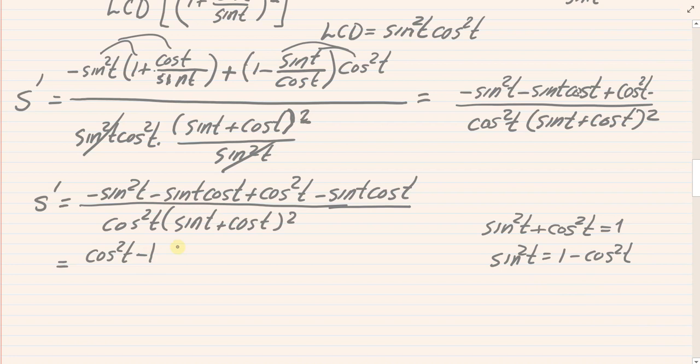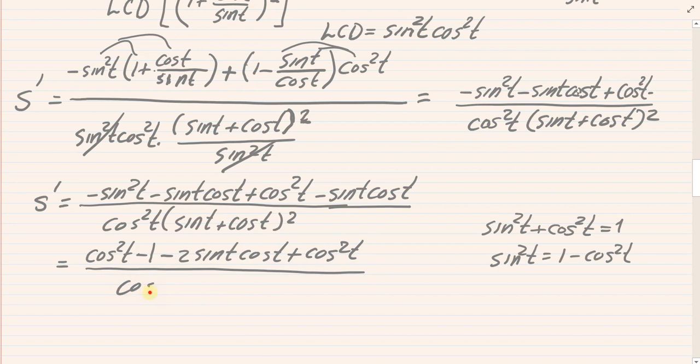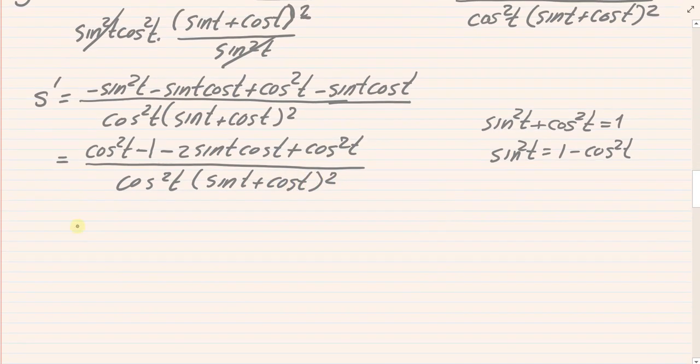And then for sine t cosine t, we have negative 2 sine t cosine t. Those are like terms. Plus cosine squared t, all over the denominator. We're pretty much done. As I said, the denominator has stabilized, so we're not going to change it. And cosine squared t minus cosine squared, now this one and this one are like terms, so we can actually combine them into one.